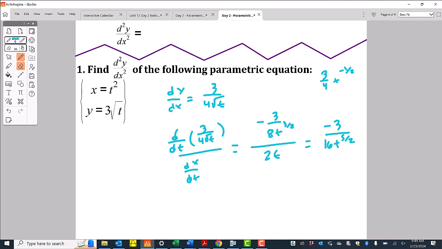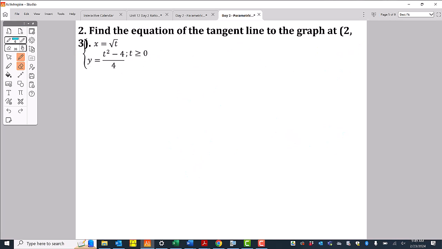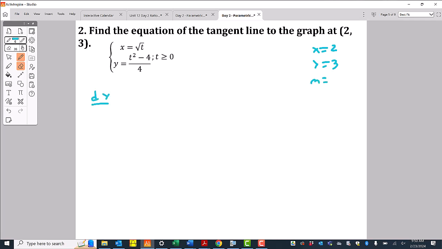And just like this, we can also find tangent lines. It's going to be a little bit different though, because even if we're given the x and y here, like we are in this one, we're given x is 2, y is 3. In any other case, we're just like, oh, we just need the slope. And that's true, we just need the slope. But when we go and find our slope equation, you can find it on your own.